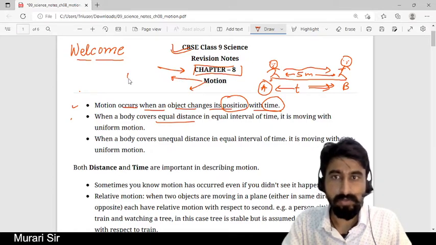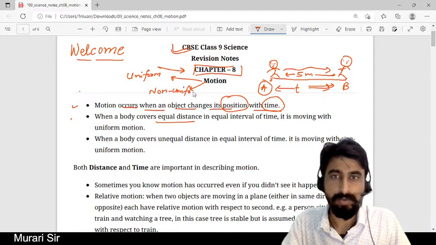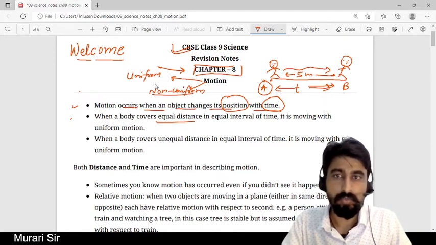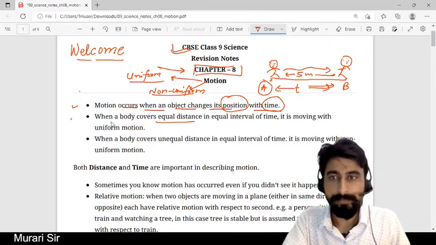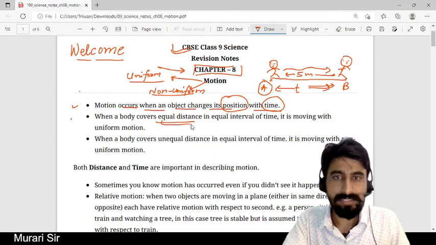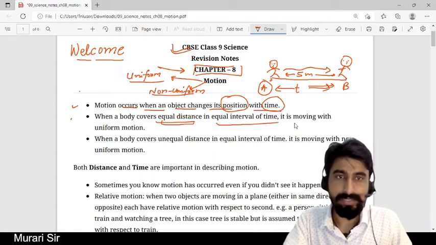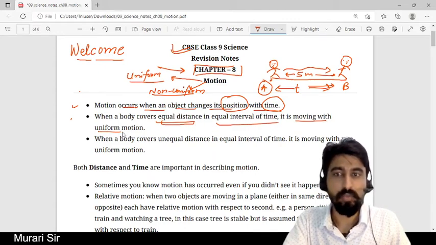That is, one, uniform motion, second, non-uniform motion. All right. So we will one by one get to understand all the details. One, when the body covers equal distance in equal interval of time, it moves with uniform motion.